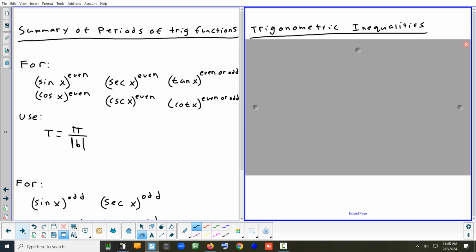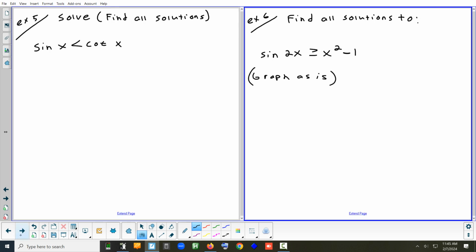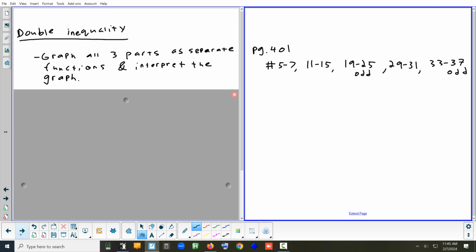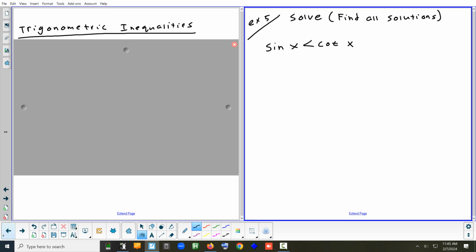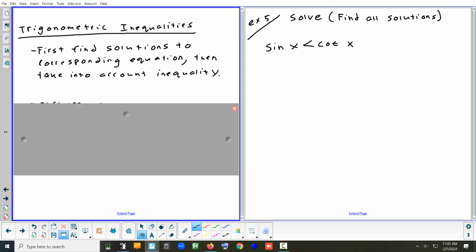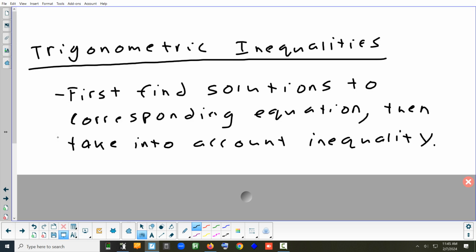So let's look at inequalities. Solving an inequality is really the same thing as solving an equation. The difference is when you write your answer, you're not going to just put a plus 2 pi n on a single number.